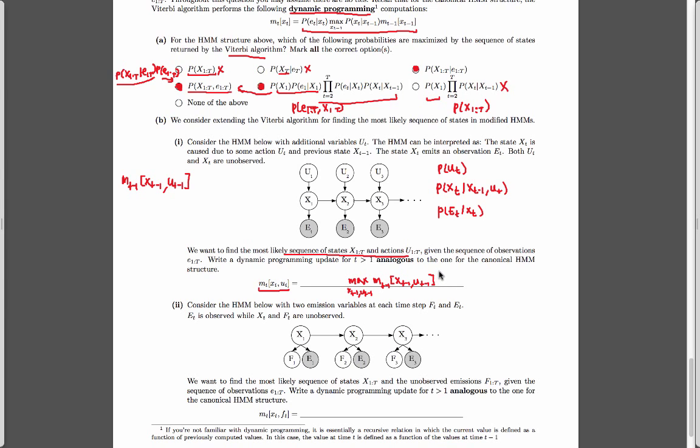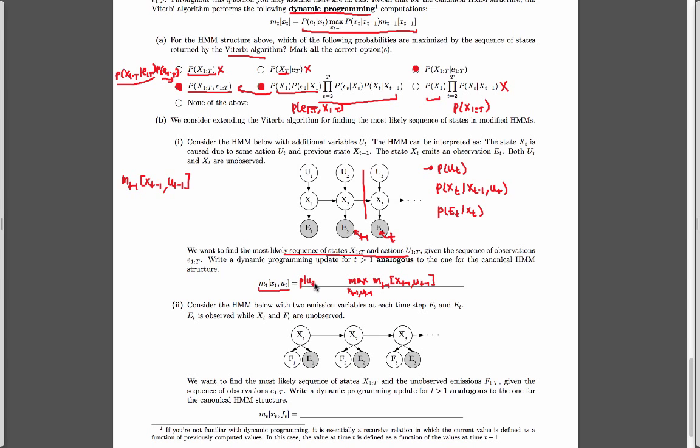And then we want to take into account the next time step. Say that we're right here, this is t-1 and this is time step t. Then we want to take into account the transition, the prior on u, and the probability of your observation, e_t, given x_t. First let's start with the probability of u_t. The u_t doesn't depend on the previous state or the previous action, so we can put that out front.